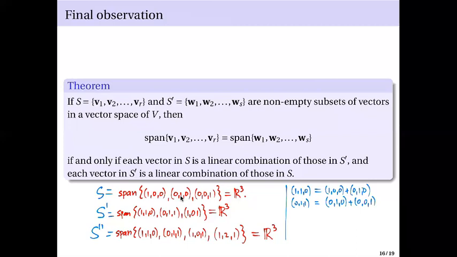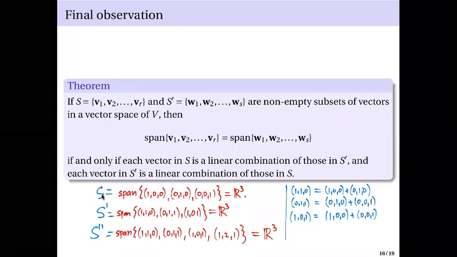And finally, sorry, it's (1, 0, 1). I can write this as (1, 0, 0) plus (0, 0, 1). So each element of S prime is a linear combination of elements in S.